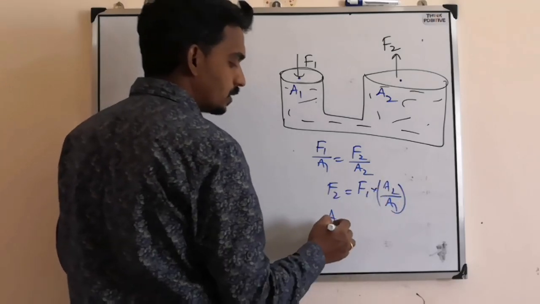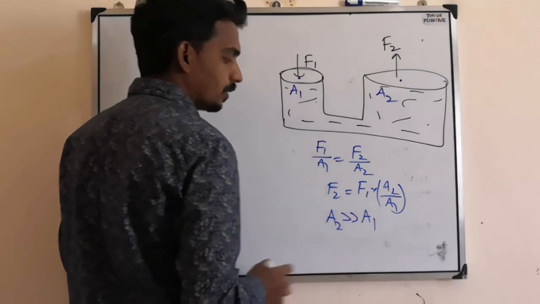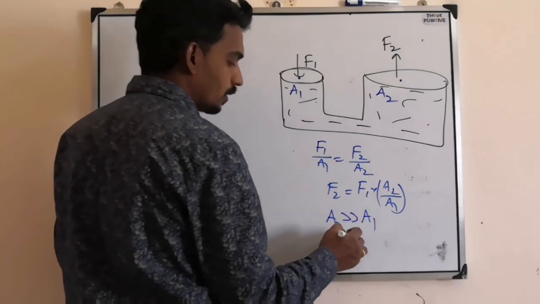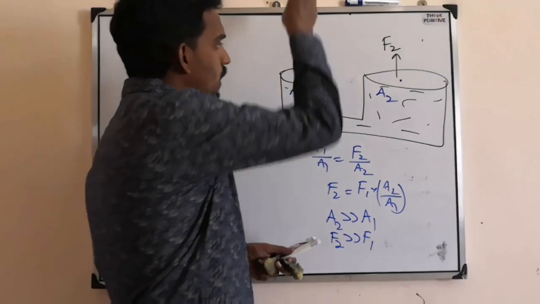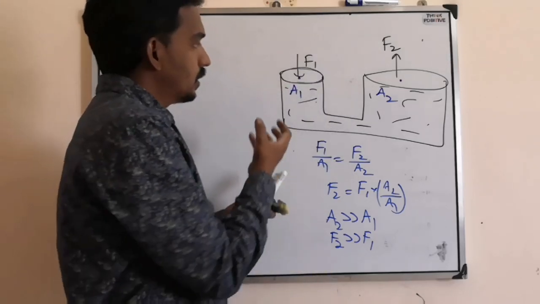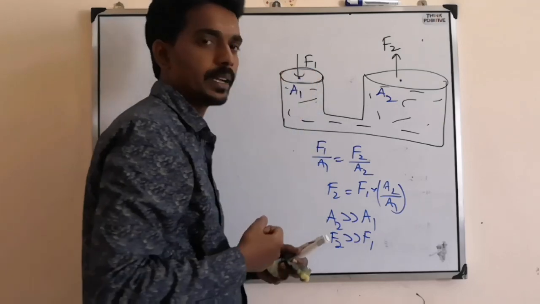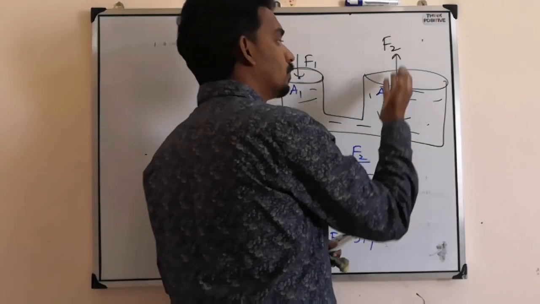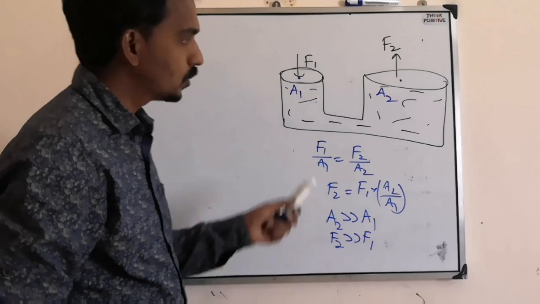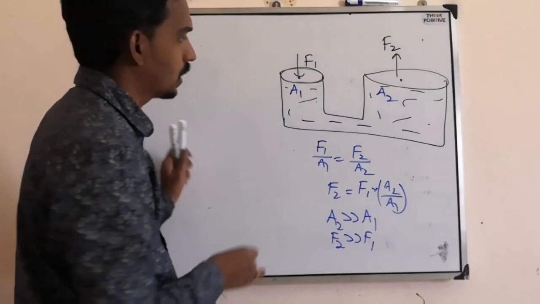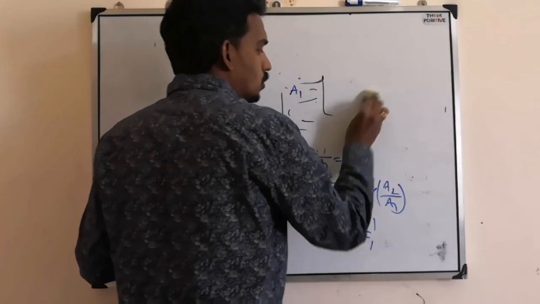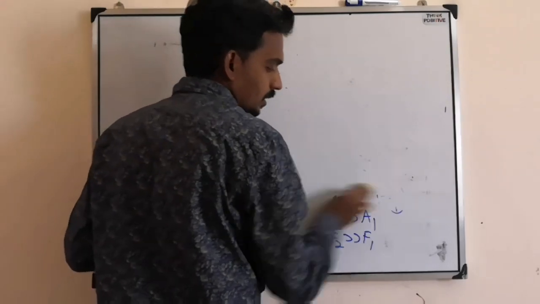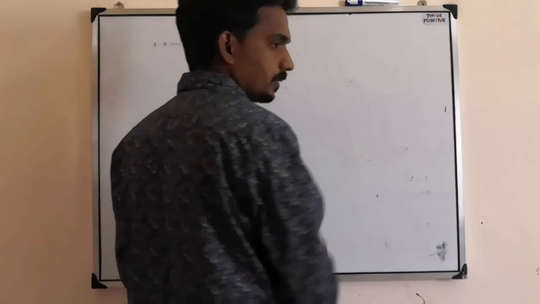As A2 we arrange very much greater compared to A1, F2 also will become very much greater than F1. So we apply a small force F1 on small area, and we develop greater force on greater area using the principle called Pascal's law. This kind of device, we call it a hydraulic lift.